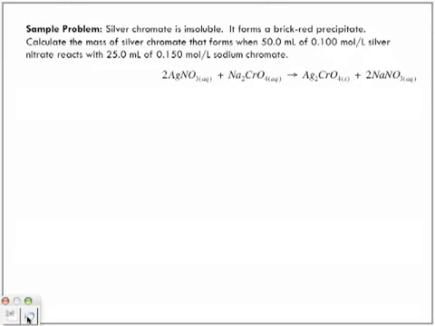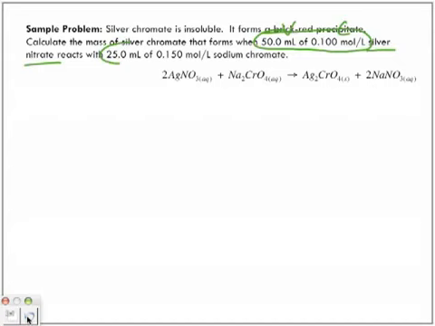It's really important that you're really careful when putting together your formulas and writing out your equations. Now, we have information on our 2 reactants. We've got 50.0 milliliters, so we've got the volume here, and the concentration of silver nitrate. Using that, we can find the number of moles.